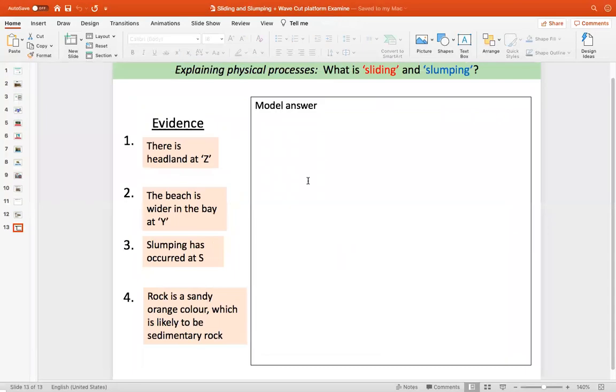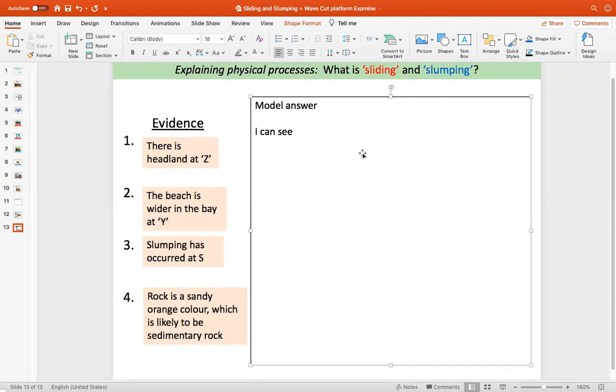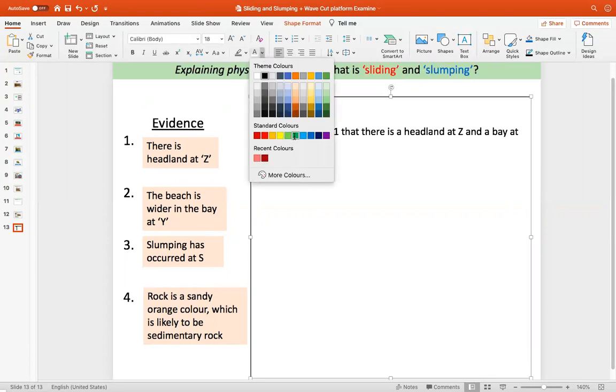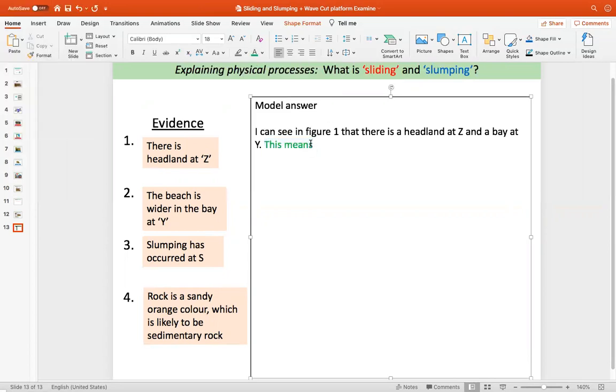So we've got our evidence, okay? I'm going to start off by saying I can see in figure 1 that there is a headland at Z and a bay at Y. This means that, now this is my explanation, I'm going to write my explanation in green so you can see it.